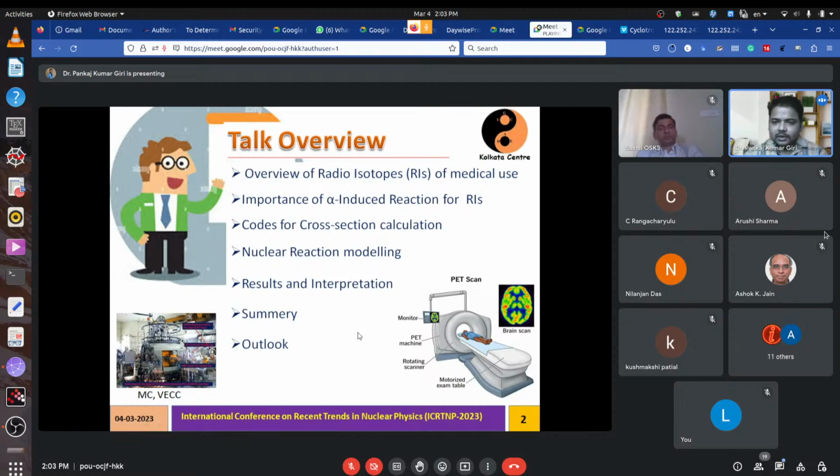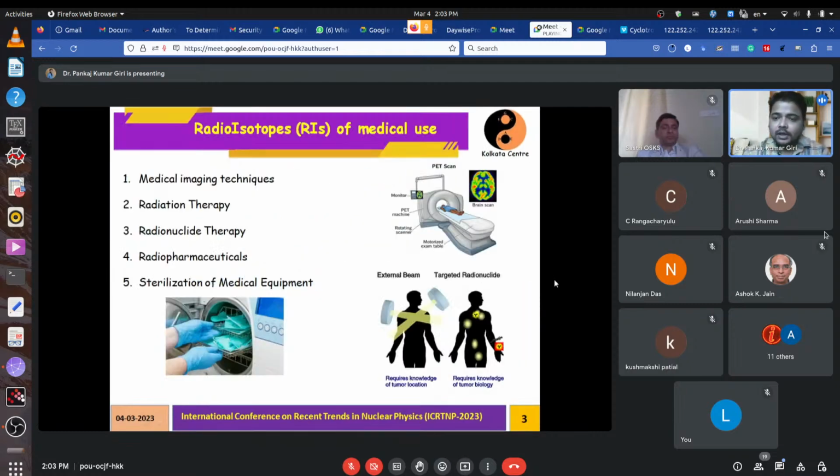So let me first give a bit of a picture about the radioisotopes of medical use. As I was listening to one of the talks last day, they were talking about the irradiation of the tissues, the gamma attenuation technique. So basically I'll elaborate a little more on this application field of nuclear physics, in order to explain the radioisotope production.